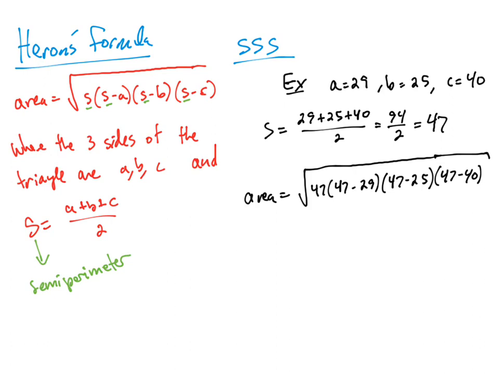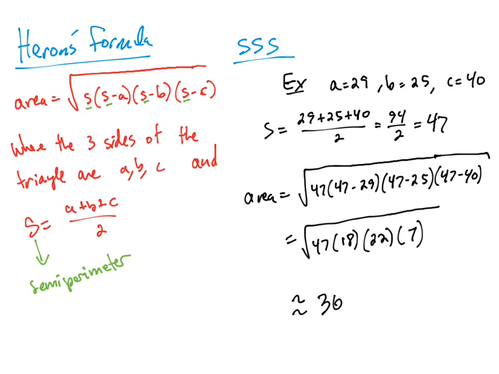Then I'll do some simplifying. So 47 times 18 times 22 and then 7. We multiply that out, take the square root, and we get about 360.9 when we round to the nearest tenth.